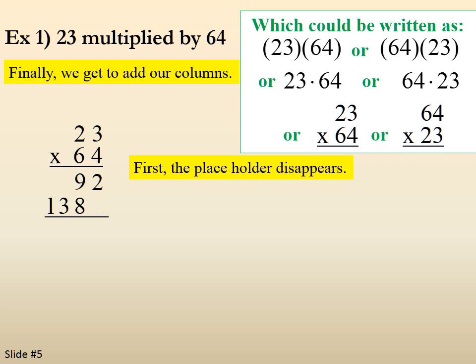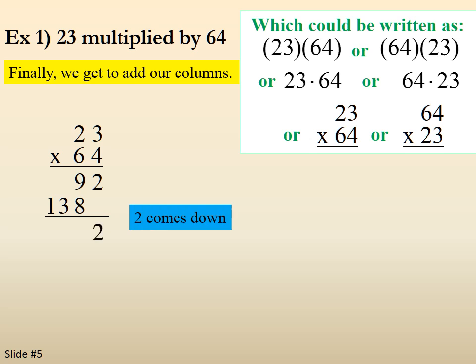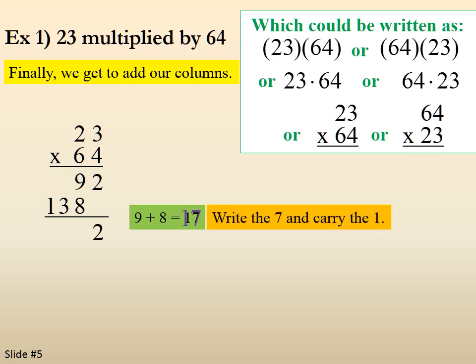First, the placeholder disappears. Some people use a 0, some people use an X, some people use a blank. I'm using an X just to help us keep track of where things are. So the 2 comes straight down. 9 plus 8 is 17. So we're going to write the 7 down and carry the 1.